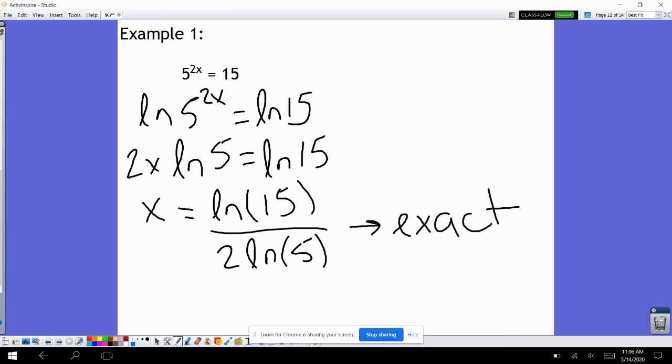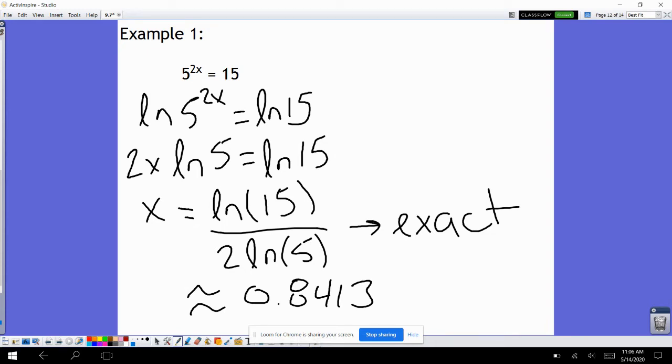Sometimes we work with decimal approximations, and then we just substitute this into our calculator: the natural log of 15 divided by 2 times the natural log of 5, which is about 0.8413. If you're curious, you can plug in the common log of both sides and you will see that it works exactly the same.